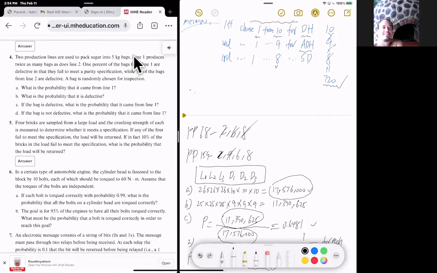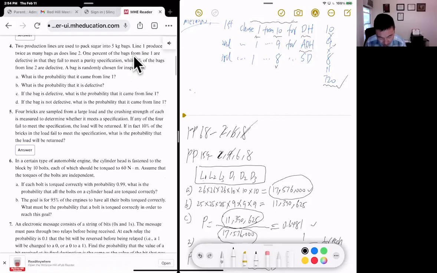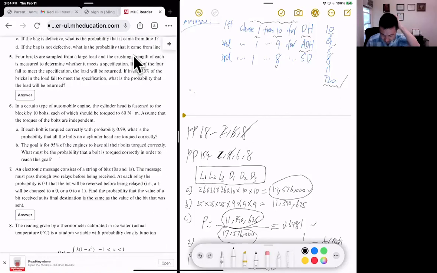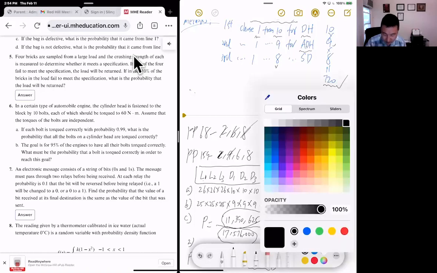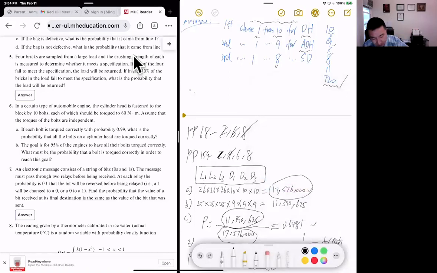Next, question number 6. This is about the counting method, showing us an experiment. We'll figure out what the steps are and how many choices for each step. In a certain type of automobile engine, the cylinder head is fastened to the block by 10 bolts. Each of these 10 bolts should be torqued to 60 Newton meters.